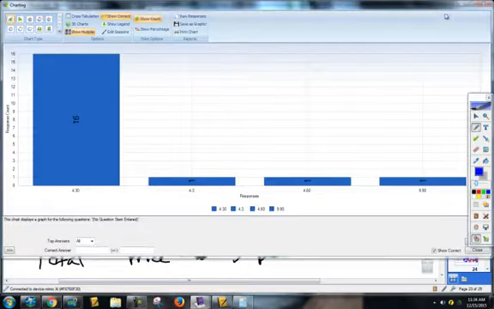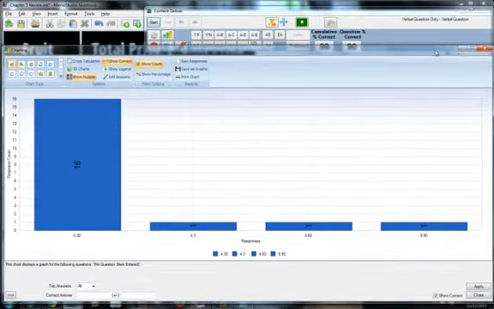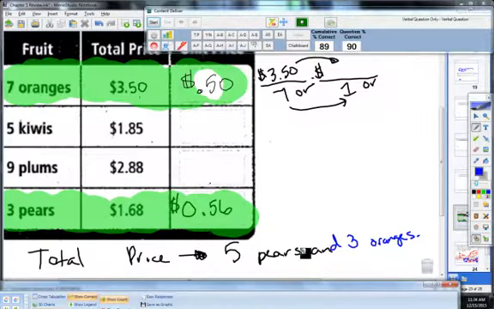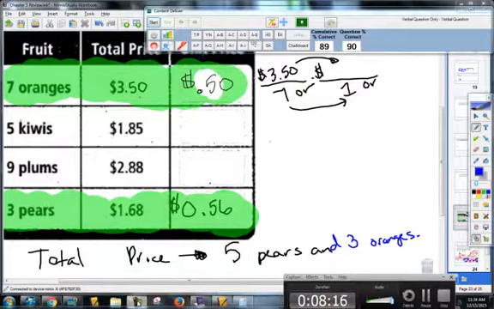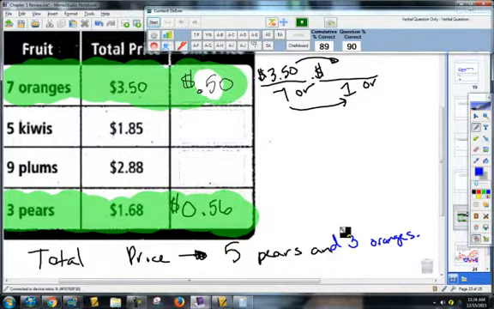So, you were asked to figure out the cost of 5 pears and 3 oranges. Now, this is where it sounds crazy to hear a teacher say this, but we require you to use your calculators. There is absolutely no sense for any of you to miss any of these just because you accidentally added wrong.